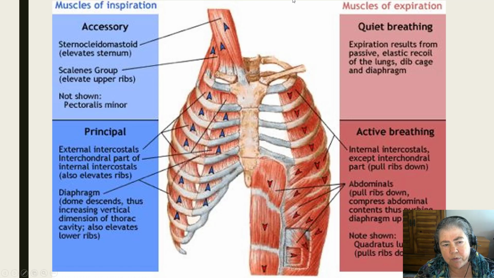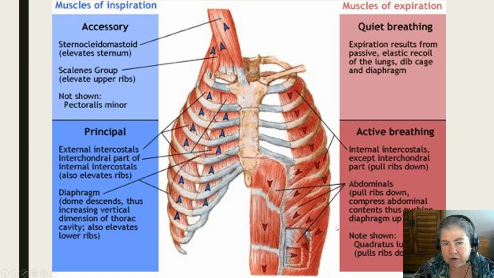So if we pull the ribs up, we are expanding the thoracic cavity, and when we pull the ribs down, we're shrinking it. So that's why these muscles that pull up on the ribs, pull up on the sternum and the clavicle and the upper ribs, cause expansion of the intrathoracic space, decreased pressures, and inspiration, along with the contraction of the diaphragm.